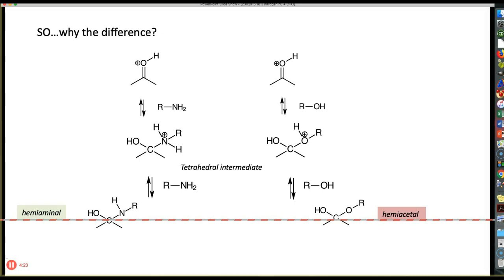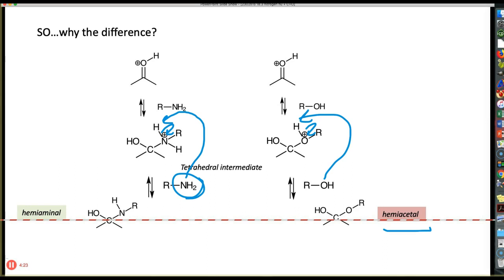We can certainly see proton transfer happen again. What base is present? Well, certainly your nucleophile, your initial nucleophile, is a good base. So deprotonation of the tetrahedral intermediate by your alcohol or your amine gets you to this tetrahedral intermediate, an uncharged tetrahedral intermediate. We know from the beginning of chapter 18 that the oxygen version is called a hemiacetal.